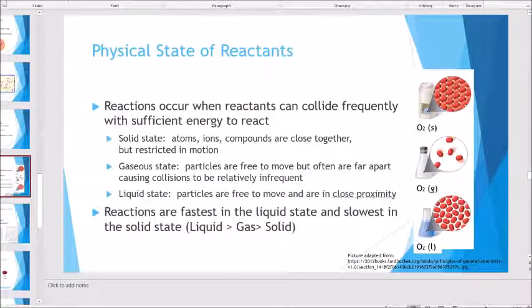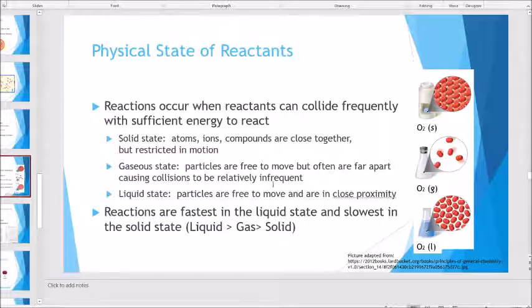Now the physical state of matter also makes a difference when reactions are happening. So remember that solids are closer together and they only vibrate slightly, whereas in a gas state they're often very far apart. So in order for the reactants to collide, it's of a lower probability.